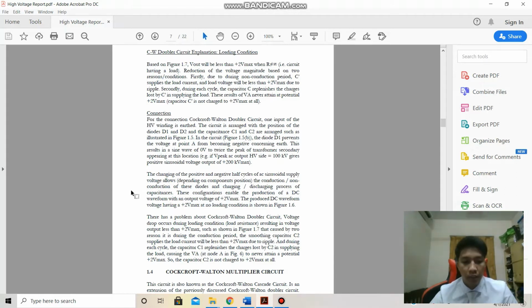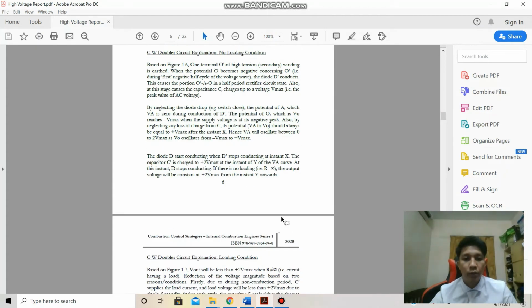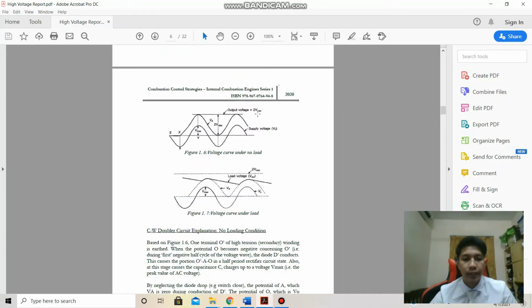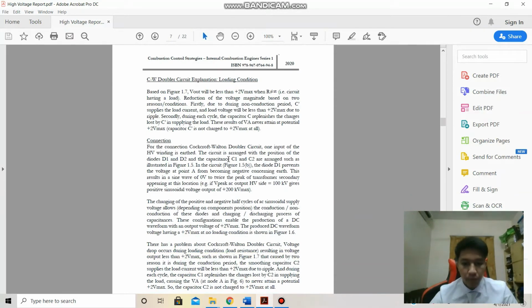This configuration enables the production of a DC waveform with an output voltage of 2 Vmax, and the produced DC waveform has a positive 2 Vmax at no load condition, as you can see in figure 1.6.